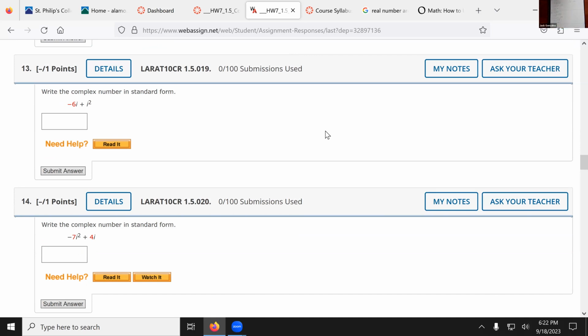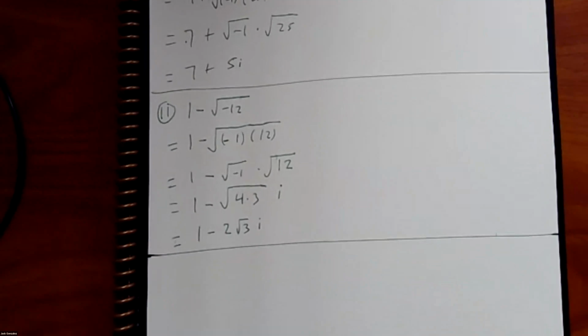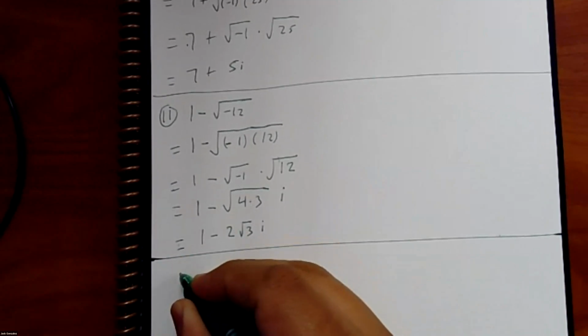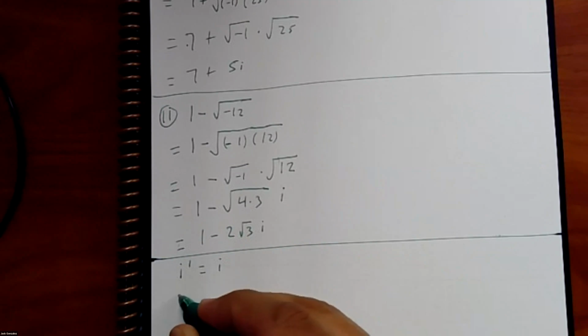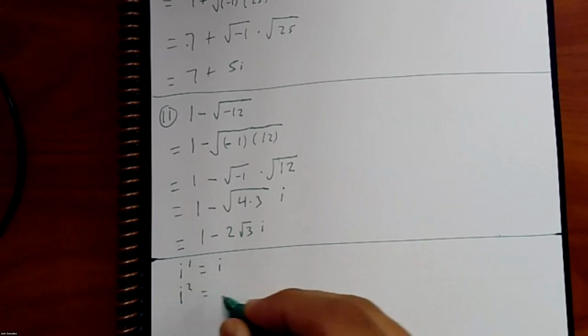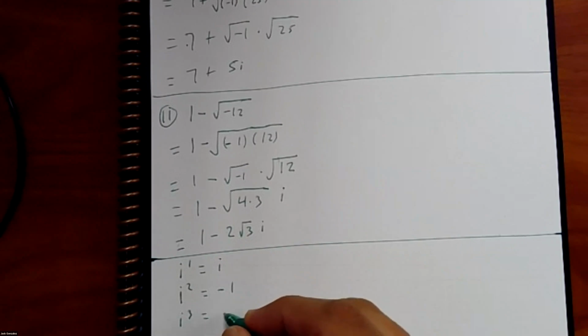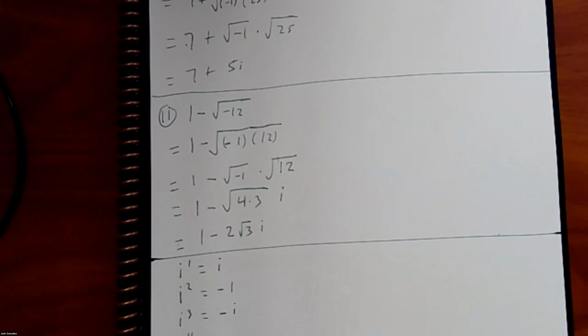For 13, we need some rules to help us out. When you raise i to different powers, there are different results. So remember that i to the first is equal to just i. i to the second is equal to -1. i cubed is equal to -i. i to the fourth is equal to 1.